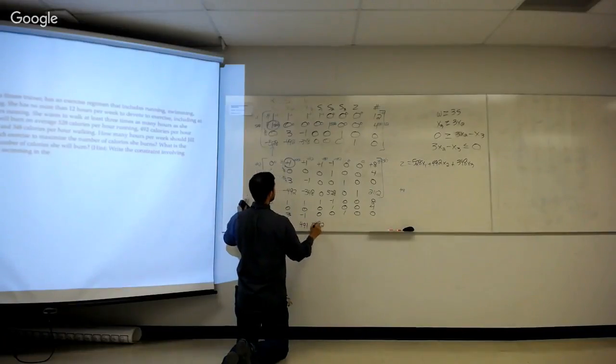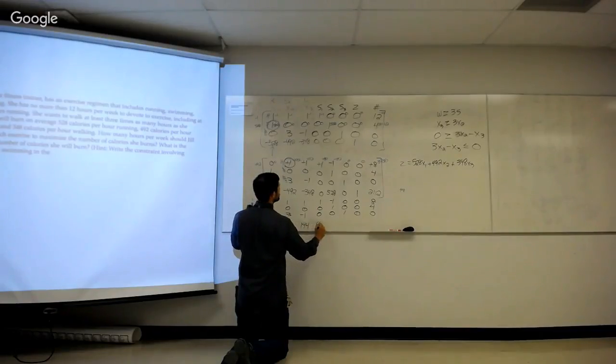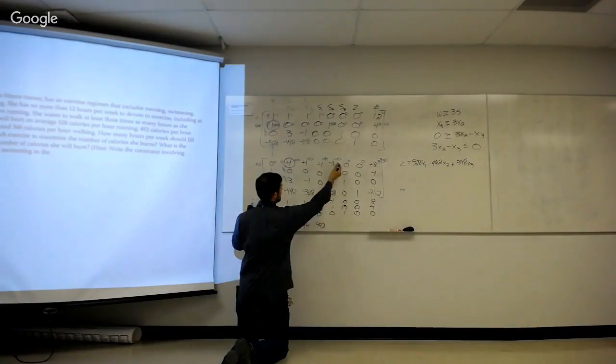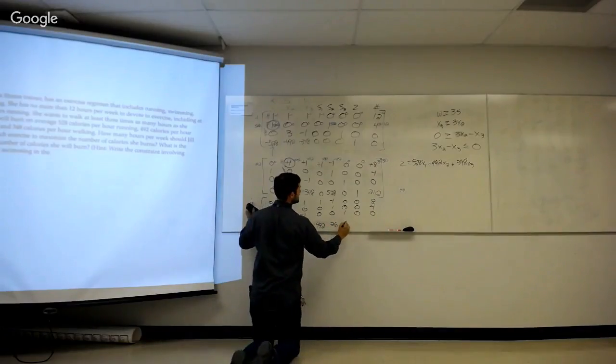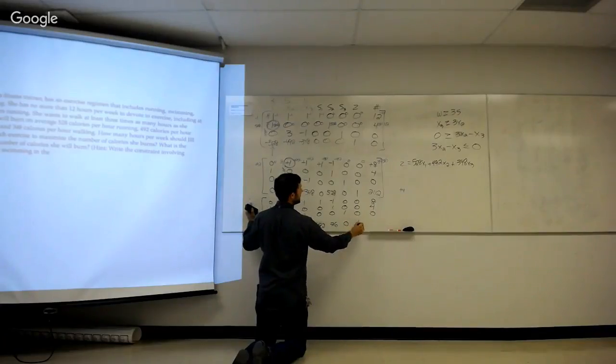No. Oh, bottom row. You know, standing right up here next to the board is very challenging. 144. 144, thank you. 0. And then 492. 0. No, 492. 492. And then 528 minus 492. 36. And then 0. And then 1. 1. And then whatever.